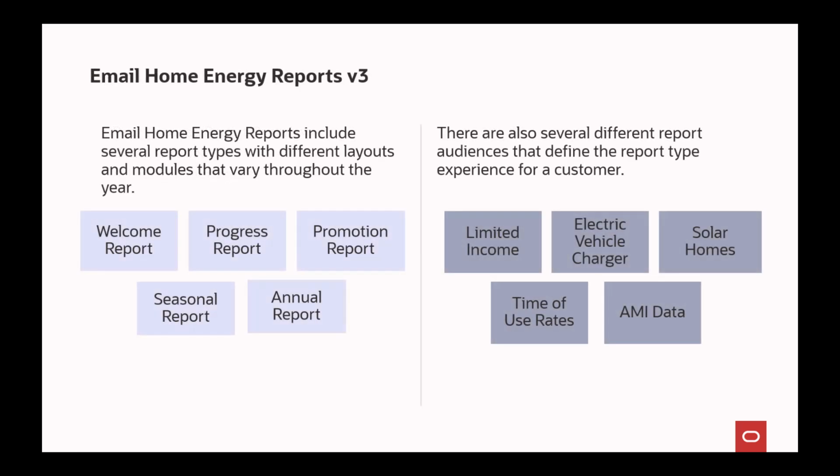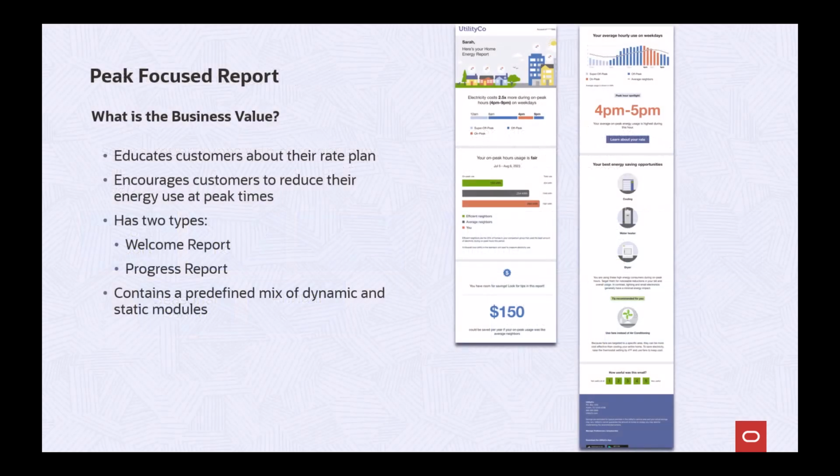Home energy reports include several report types with different layouts and modules that vary throughout the year. The look and feel of some home energy report types can be influenced by the report audiences. The peak-focused report is the most advanced version of the home energy report yet available. It uses rate metadata, hourly disaggregation, and a new hourly normative comparison service based on smart meter data to produce new insights for customers.